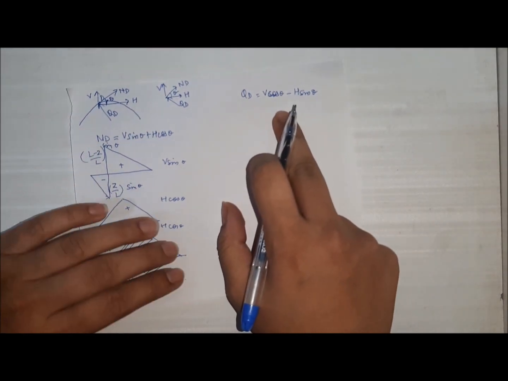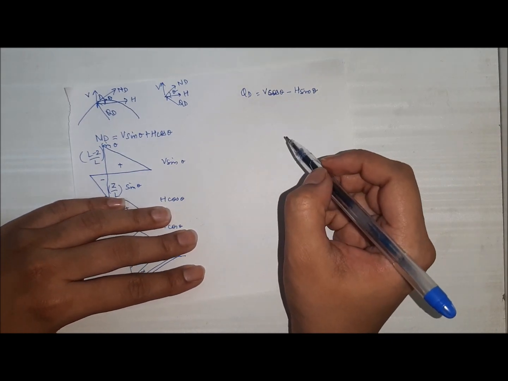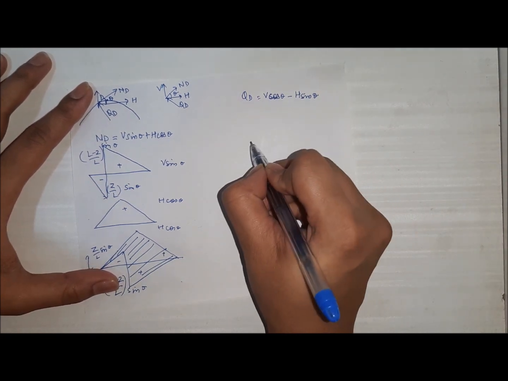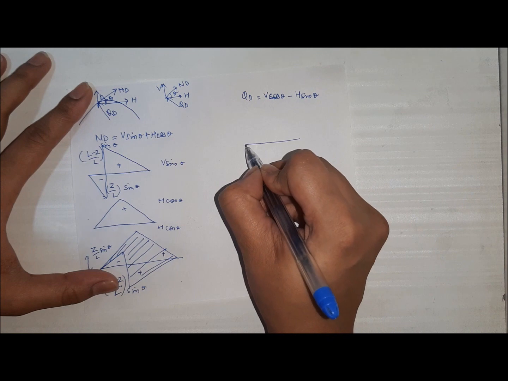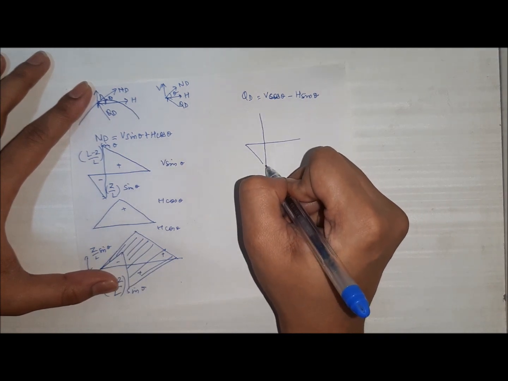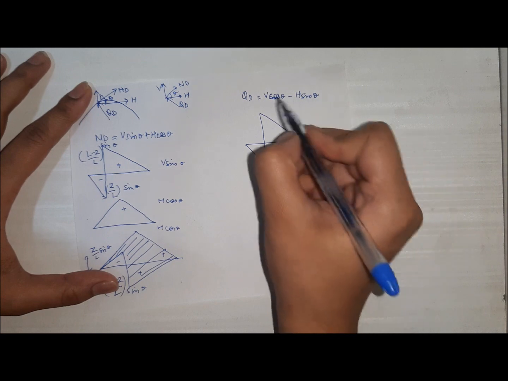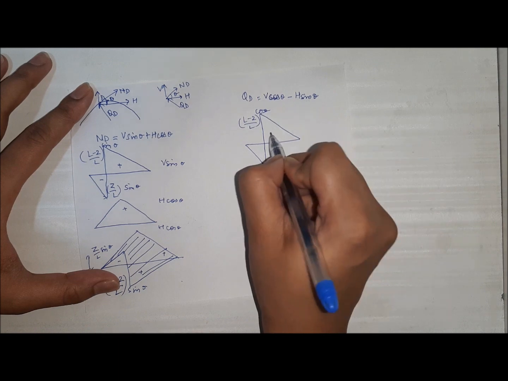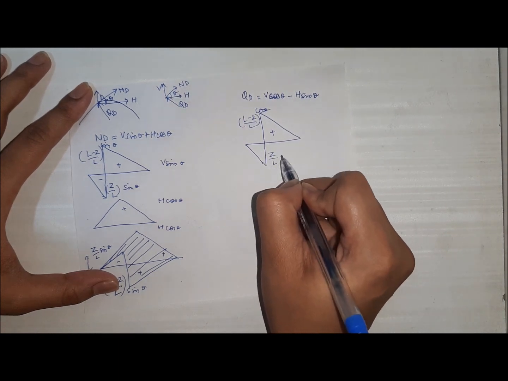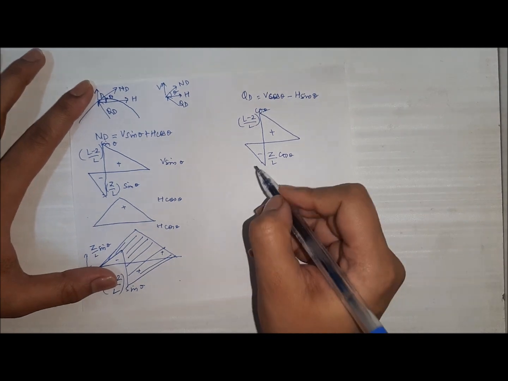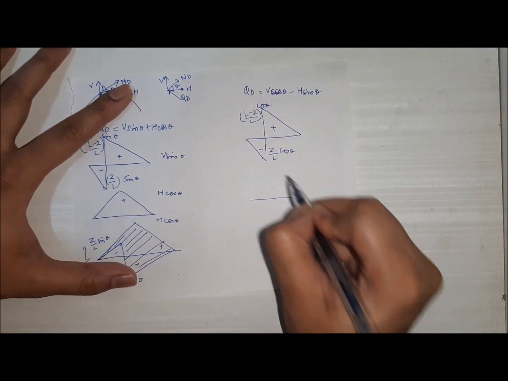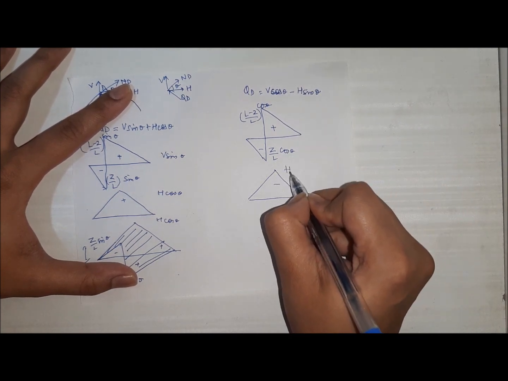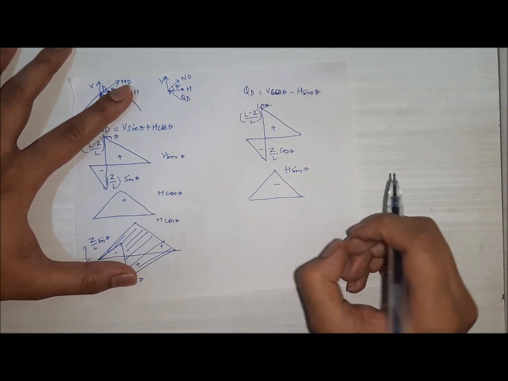Now similarly, for plotting the ILD for radial shear at point D, first of all I will plot it for V cos theta. It will be the same as V sin theta, only we add the term cos theta instead of sin theta. Here it will be L minus Z by L cos theta, which is positive, and here it is Z by L cos theta, which is negative. And for H sin theta, this figure is negative because we have a negative sign. Simply we will add these two figures.